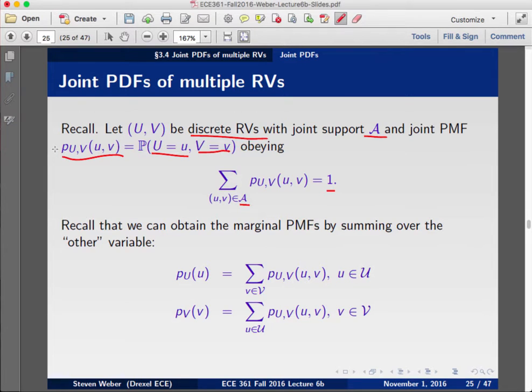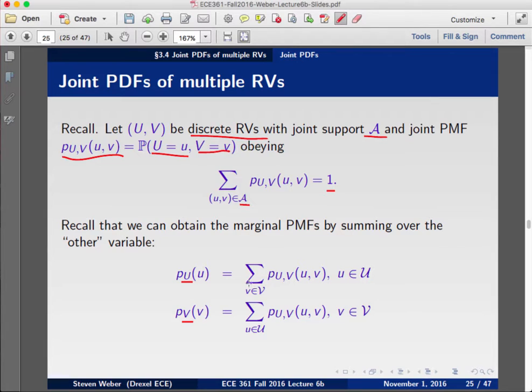We also showed that it's possible to obtain the marginal probability mass functions, that is, the probability mass function for U by itself or the probability mass function for V by itself, from the joint PMF by simply summing over the other variable. So in particular, the probability mass function for the random variable U, where little u is a fixed given element in the support, is found by summing over all possible values of v.